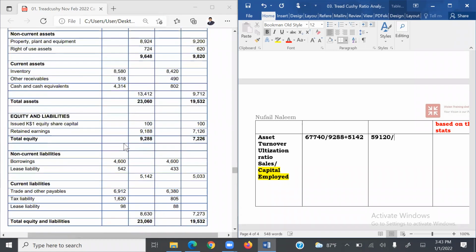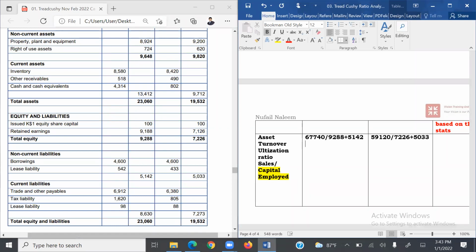That is the total equity and total debt: 7,226 plus 5,033. Let's complete this first so that it gives you a better understanding, and it is represented in times.